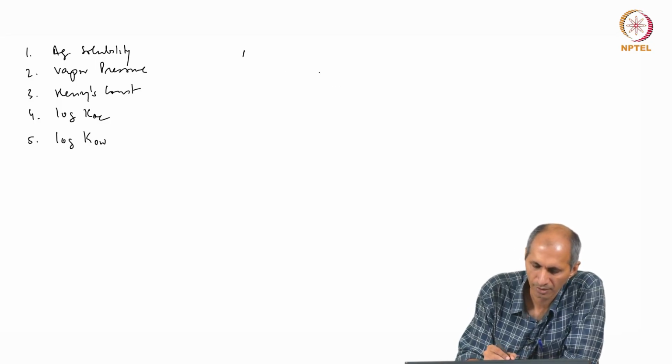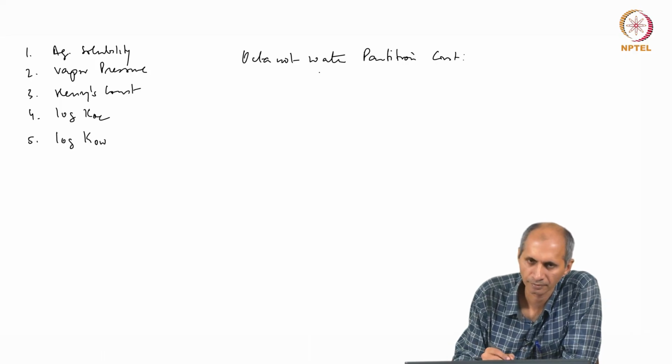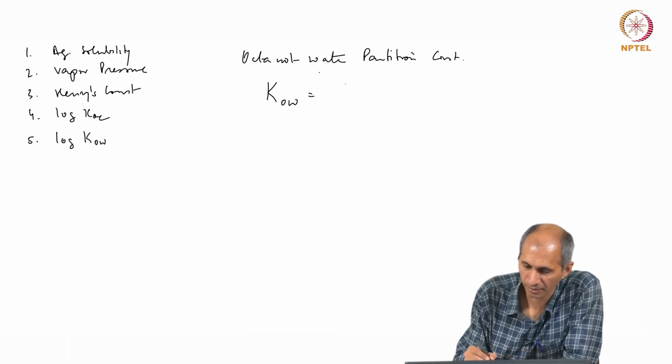So, it is an octanol-water partition constant. KOW equals, we will just write it as rho A octanol versus rho A water.